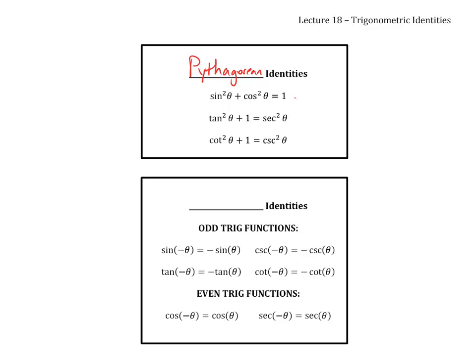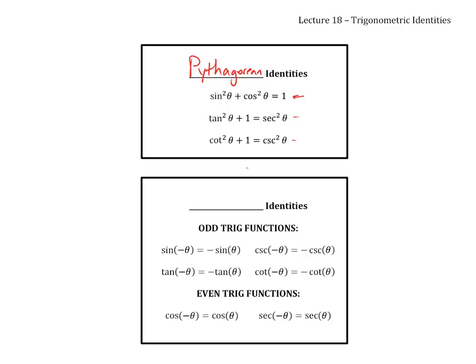And then we were able to, in previous lectures, manipulate that equation into these other two by simply dividing through by cosine squared or sine squared, and they give us tangent squared plus 1 is secant squared, and cotangent squared plus 1 is cosecant squared.